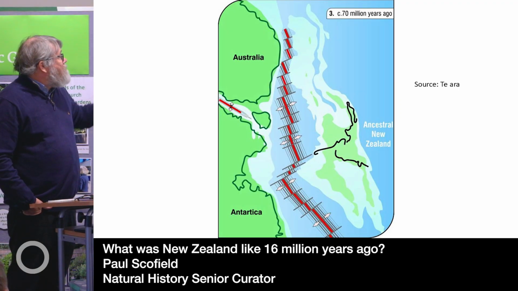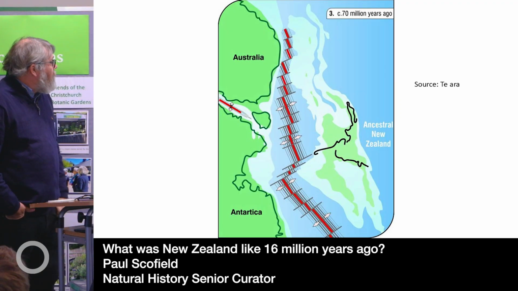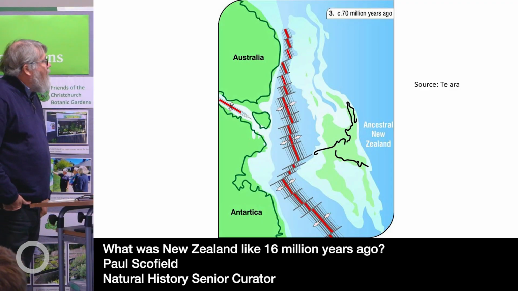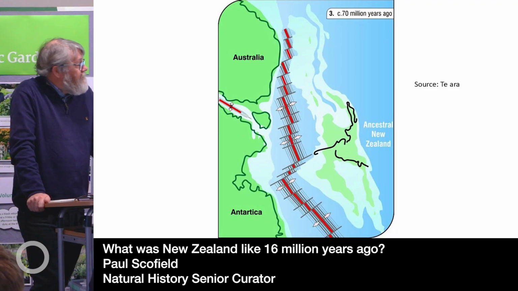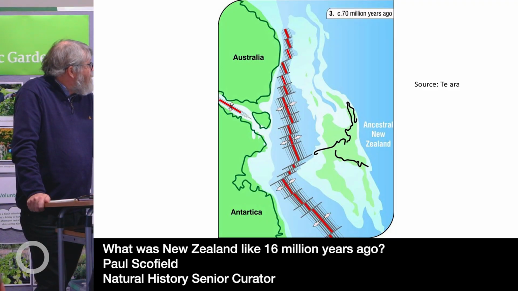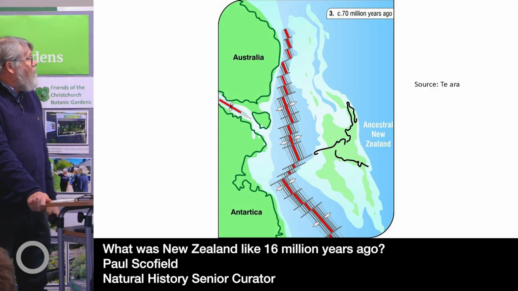The coastline that you can see there, marked in black, is the familiar coastline that we all know of for New Zealand today. But as you can see from that diagram, the coastline was in a slightly different position than it is today. And that's effectively because of all the land movements that have gone on since that period 70 million years ago.